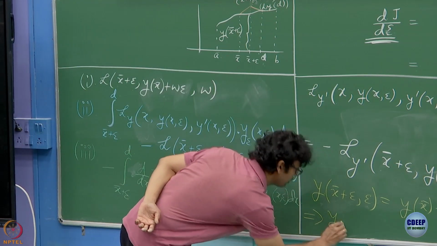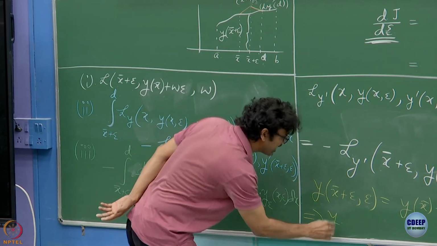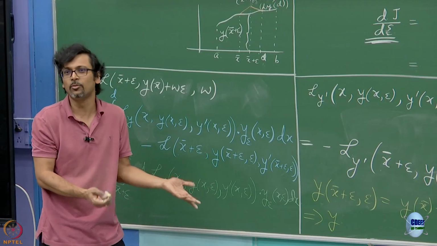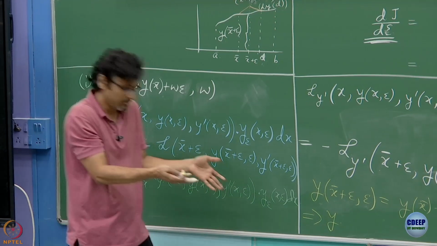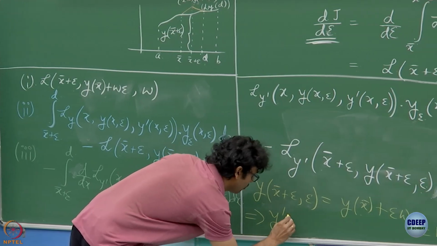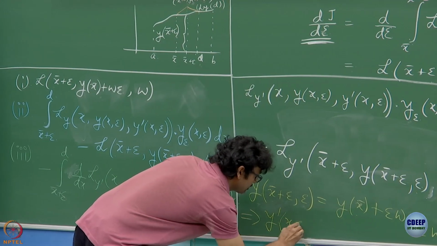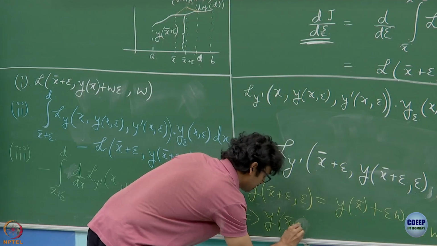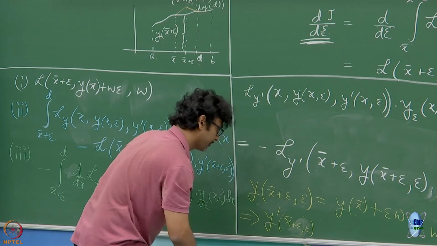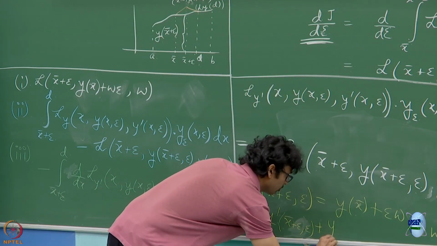So you have y_x, but we are more familiar with y prime as y_x, so we can just say y' at (x bar plus epsilon, epsilon) plus y_epsilon.